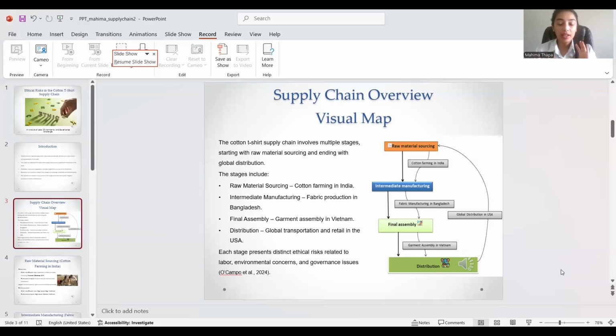After that, the fabric is sent to Vietnam for garment production in the final assembly stage, and finally, it is shipped to the United States for retail and sale. Each stage presents its own risks related to labor rights, environmental concerns, and government issues, which I will explain in detail in the next slides.